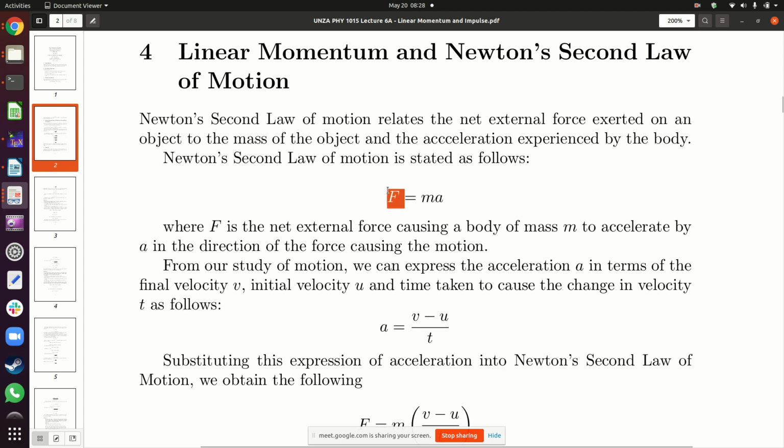The F here is the resultant force, the m is the mass of the object, and the a is the acceleration which the object is going to undergo as a result of the presence of this resultant force F.